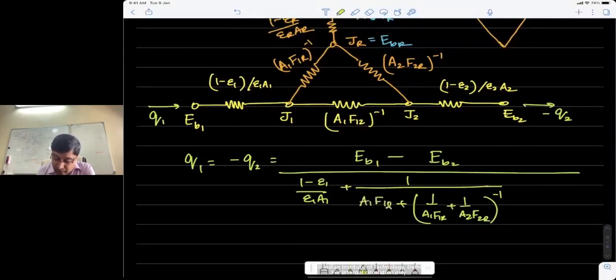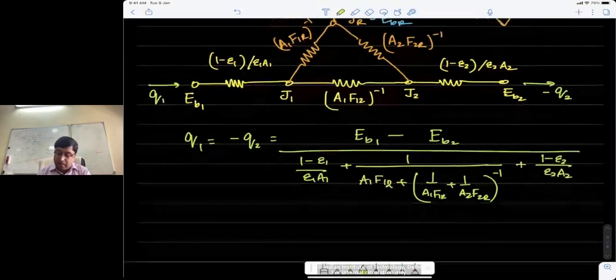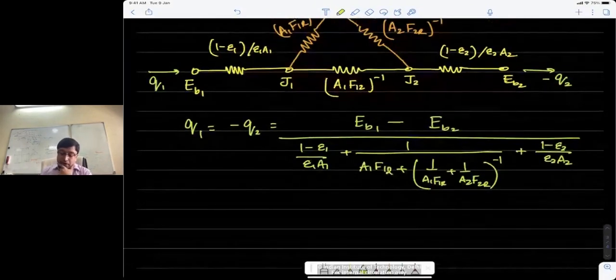So I will just write A1 F12 here, plus (1 minus epsilon 2) by epsilon 2 A2. So that becomes the total heat transfer going from 1 to 2.